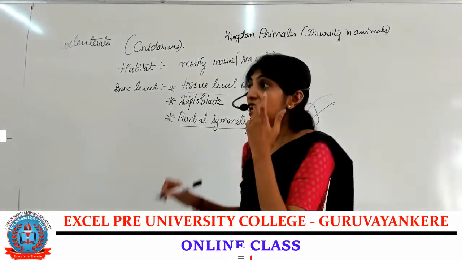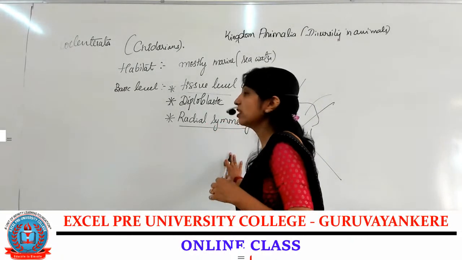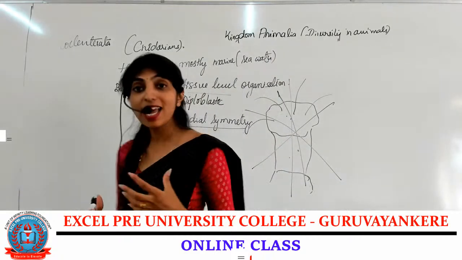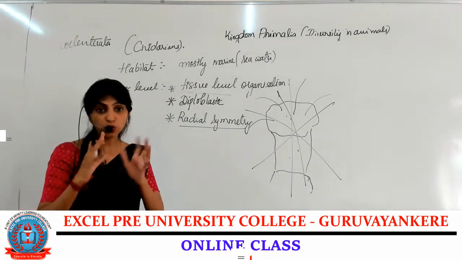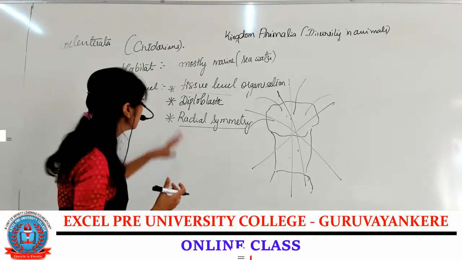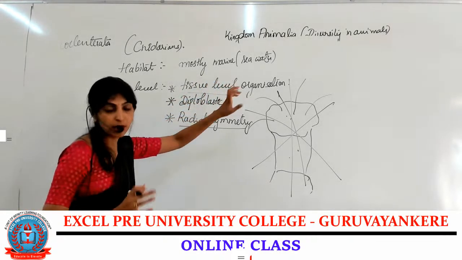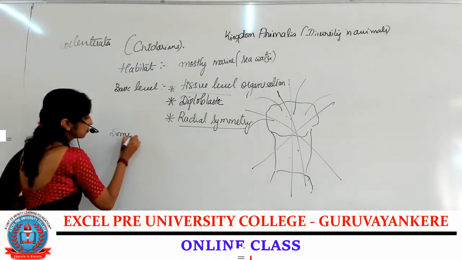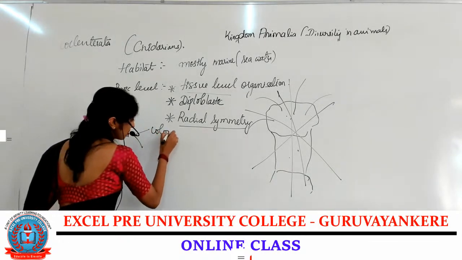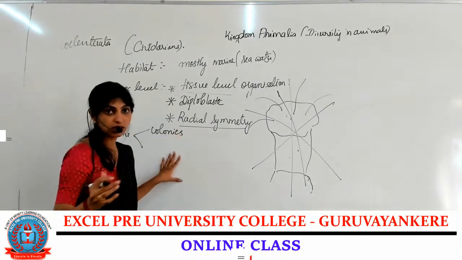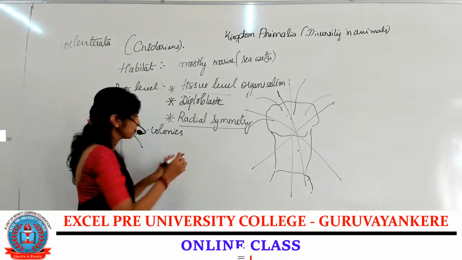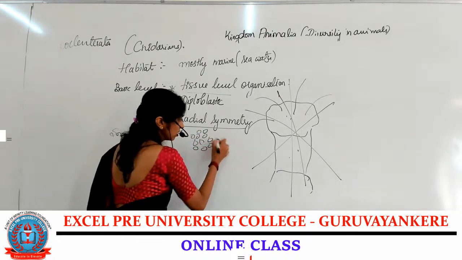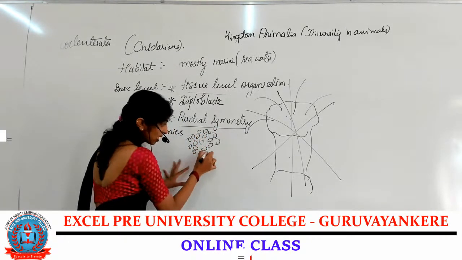Now, coming to the next characteristic feature: how do the organisms live, in groups or not? We know they are marine, that means they live in water, but some of the organisms live in colonies. For example, jellyfish live in a group, and we call it a colony.